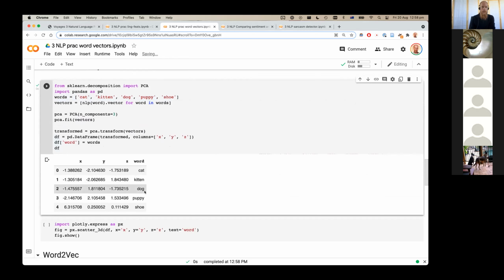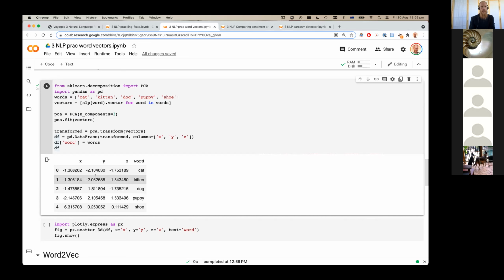Okay, so cat, kitten, dog, puppy, and shoe. And my expectation is that the first 4 of these are going to be fairly similar in space, and the last one will be an outlier. And it looks like it in terms of the numbers. So on the x-axis, shoe is well away from the other values, which seem to be clustered between -1.3 and 2.14.